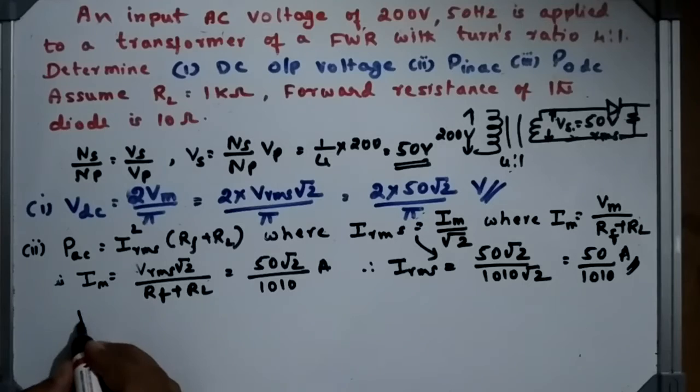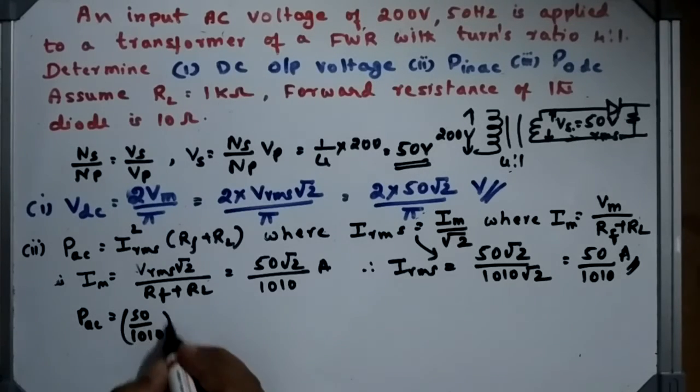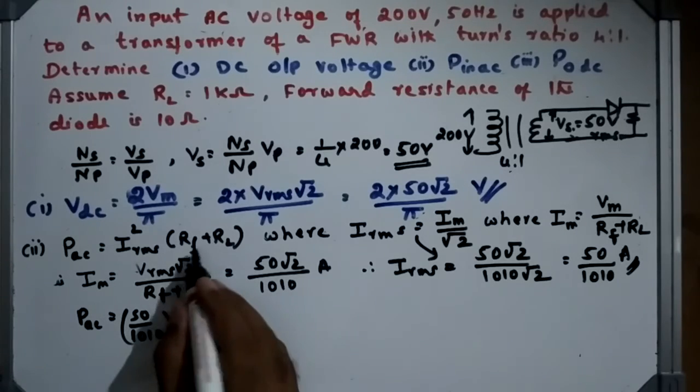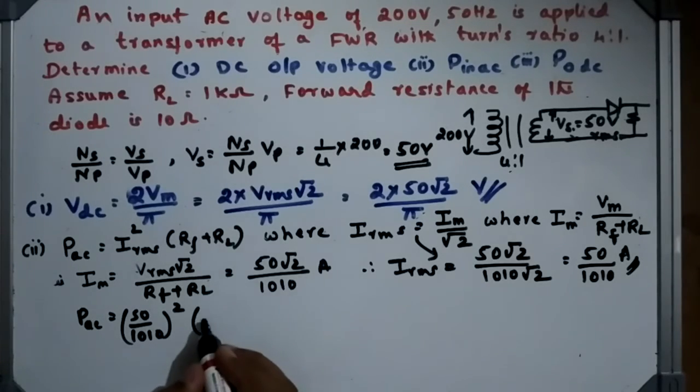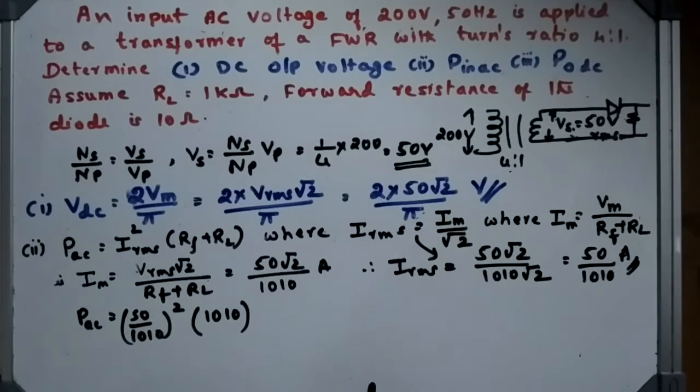Therefore the input AC power PAC is equal to its square, so 50 divided by 1010 square into Rf, which is 10, plus RL, 1000. So this much is the input AC power.